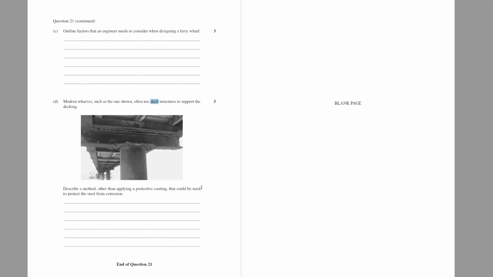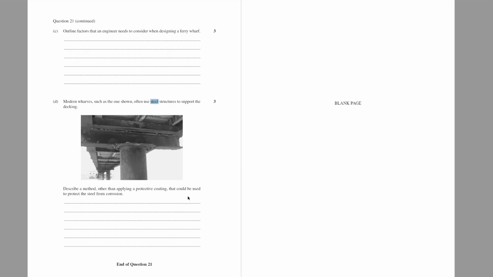Now, short of saying using non-corrosive alloys, the answer we can really use is ICCP. I always think of the clowns, the Insane Clown Posse, but that is impressed current cathodic protection. I just write ICCP because I can't remember what it stands for. That is where we apply a current, and when we lose electrons due to corrosion, we provide replacement electrons, preventing the corrosion, right?